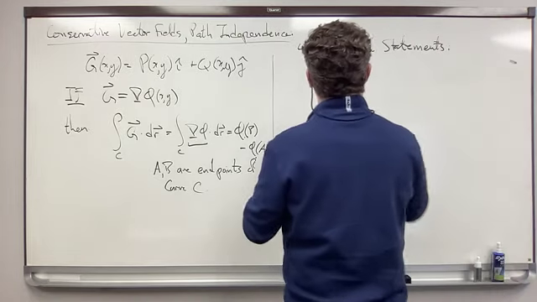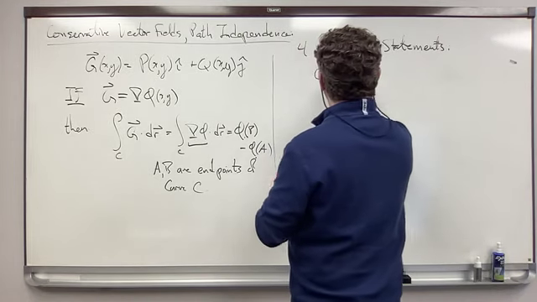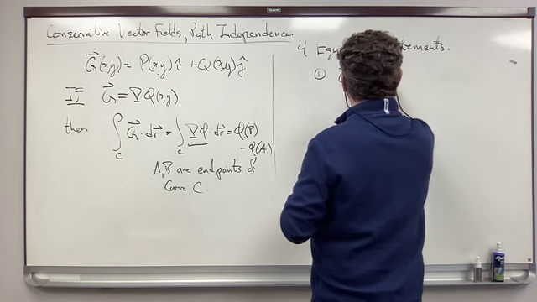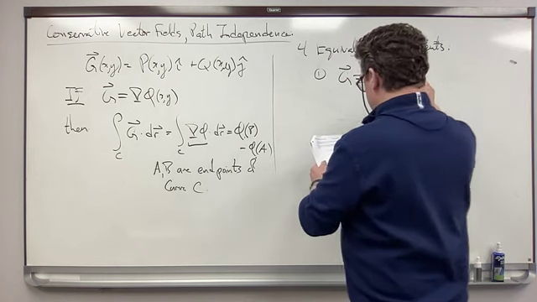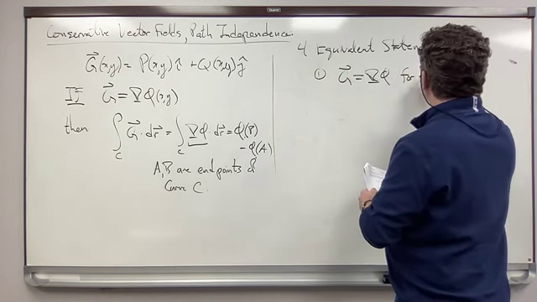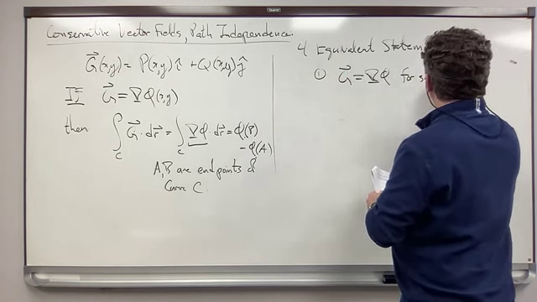Okay. So, number 1. G equals the gradient of phi for some phi. That means G is conservative.